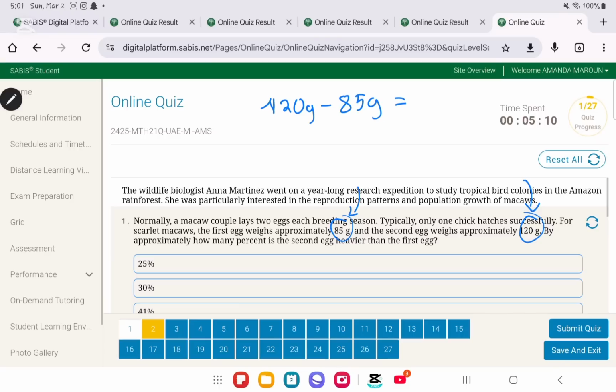So 120 minus 85, you are gonna get 35 grams. Now we take the 35 grams, put it over the 85 grams, and multiply it by 100. So on your calculator, 35 over 85 times 100, you are gonna get approximately 41%.